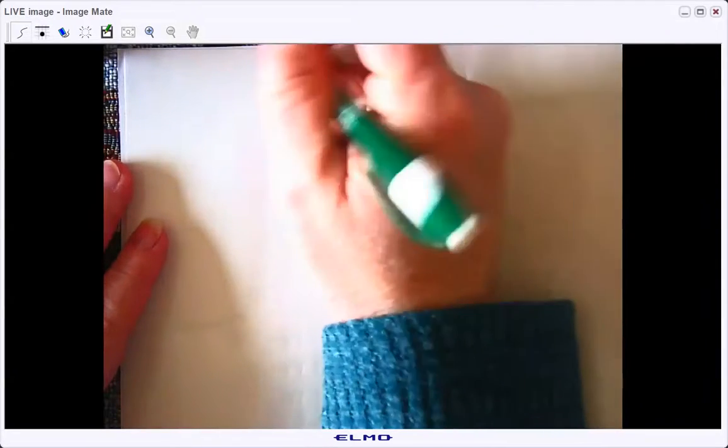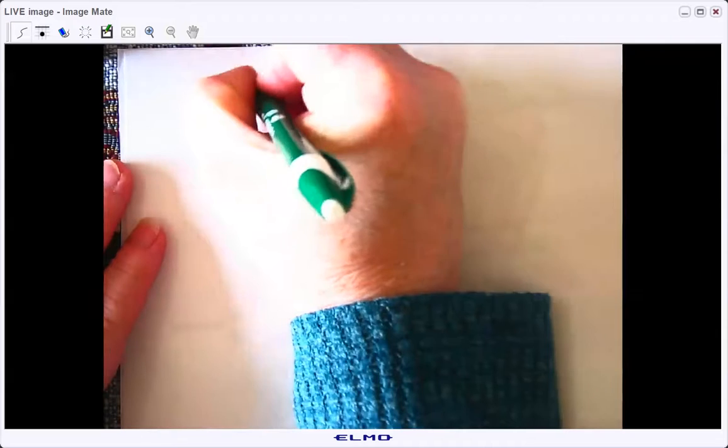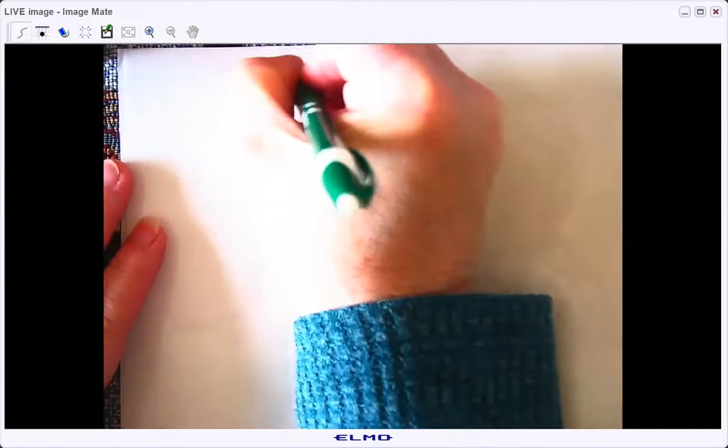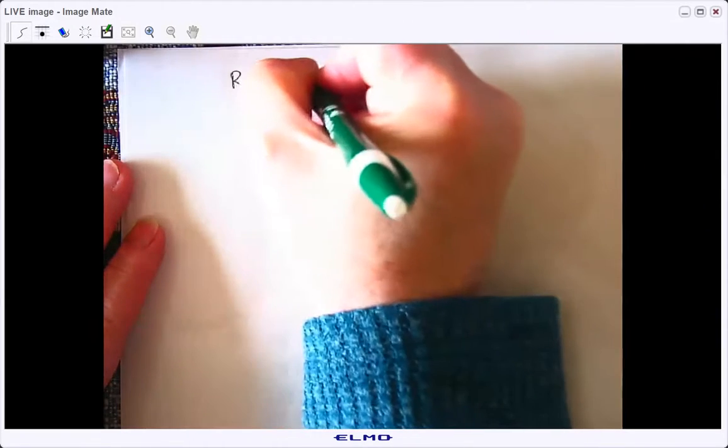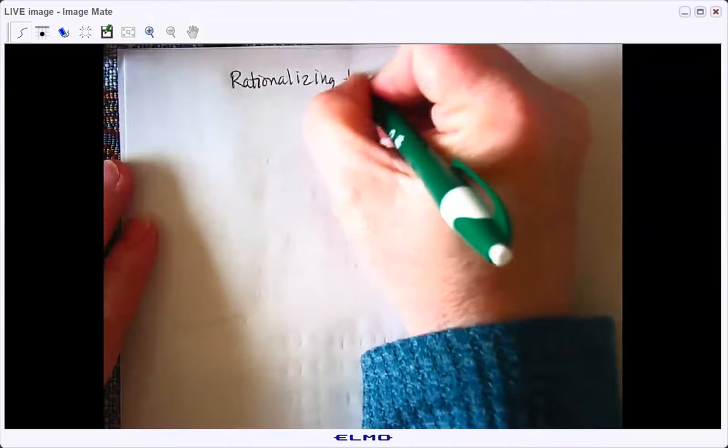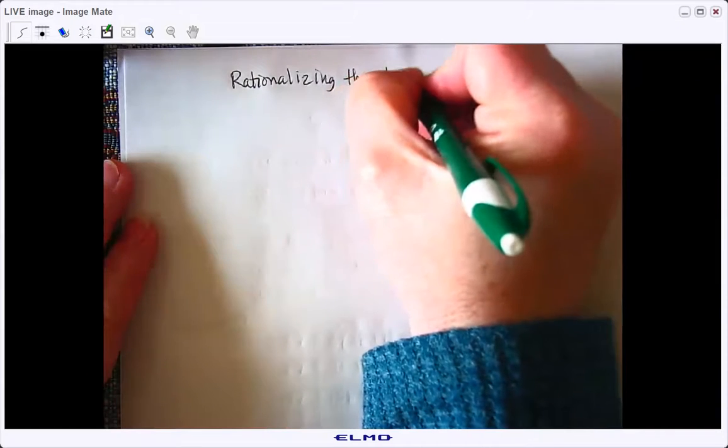So this is what we call rationalizing the denominator. And many of you may have seen this, maybe not, but we'll touch on it because we may be doing some of this when we hit the triangles. So rationalizing the denominator.